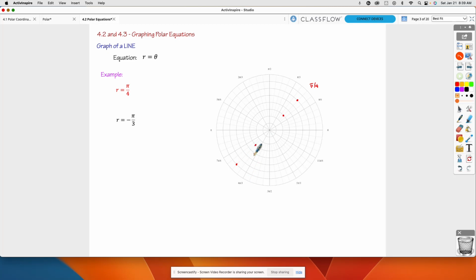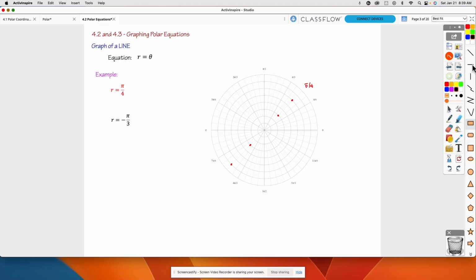Okay, so every point on this line represents theta equal to pi over 4. So it doesn't matter what the radius is, okay? Theta remains at pi over 4. So we have this straight line for the function theta equals pi over 4.